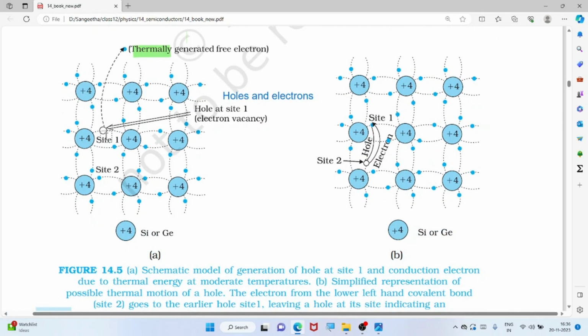If you raise the temperature, then electrons get freed and a hole is generated, so there are thermally generated free electrons and holes. Here there is a hole and here there is an electron, and in this structure you see the electron moves to the hole, and at that place a new hole is created.